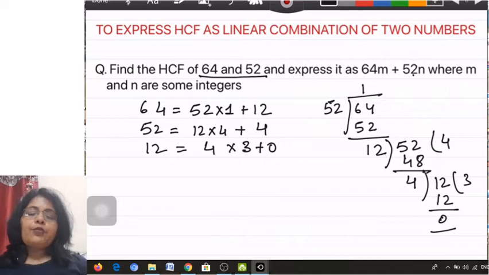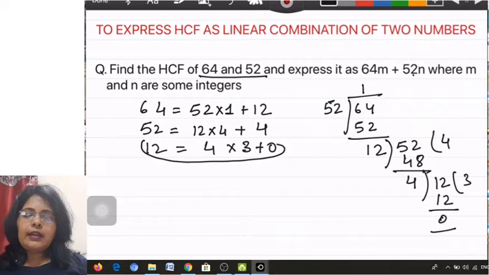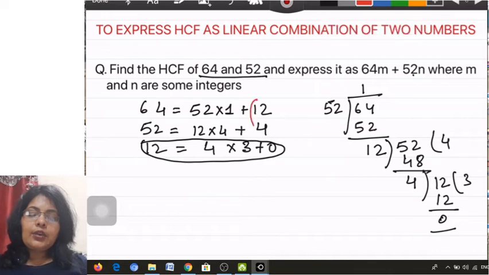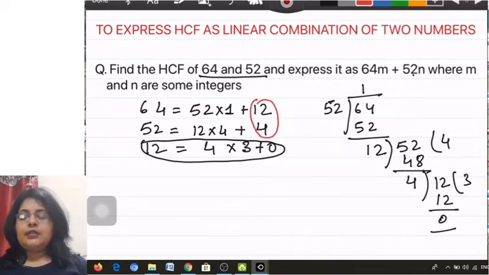In this type of question, we'll just neglect the step where the remainder is 0 and we'll concentrate on the other two.